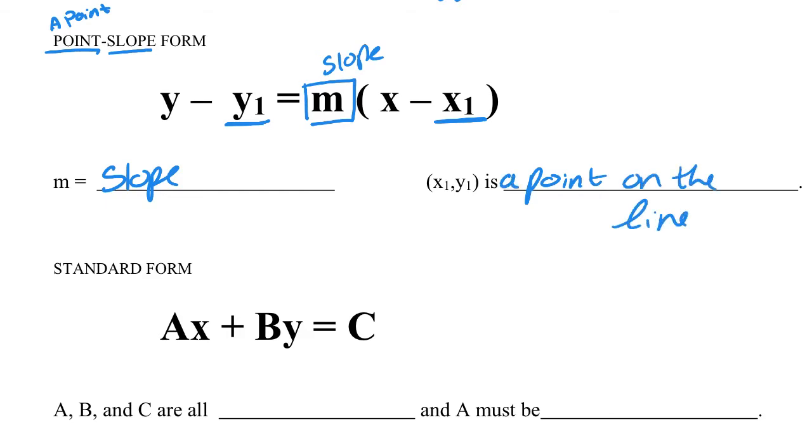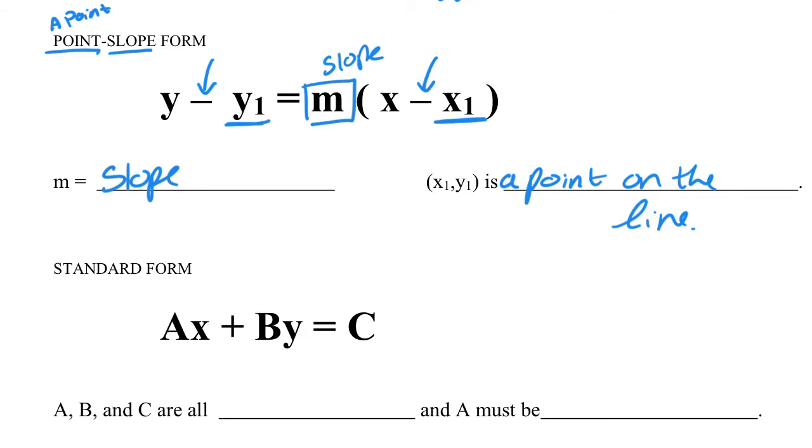I guess I should put an A in front of that so it's a little bit more grammatically correct. So this x1, y1 is just a point on the line. One thing we want to note is that in the equation, we are subtracting that value. So when we go to kind of get some information out of point slope form, we have to keep that in mind.